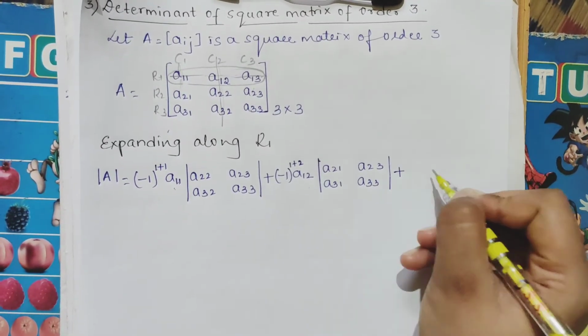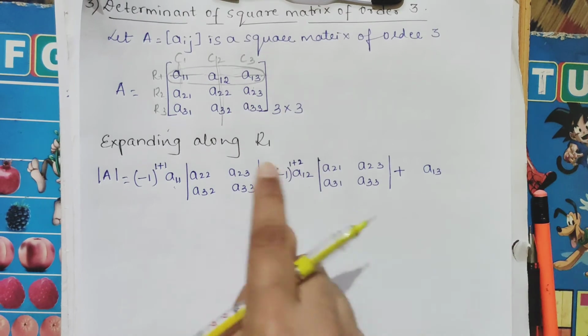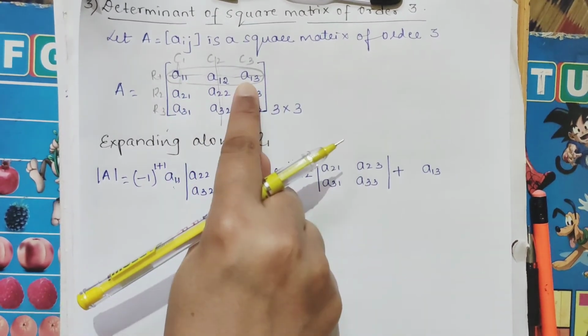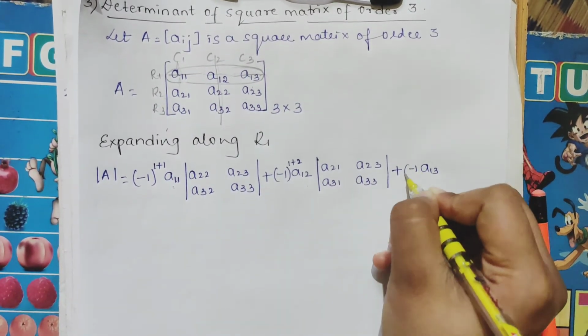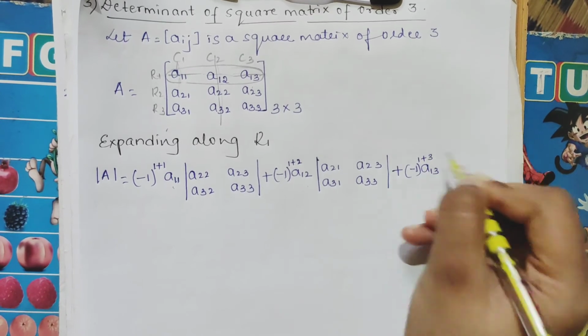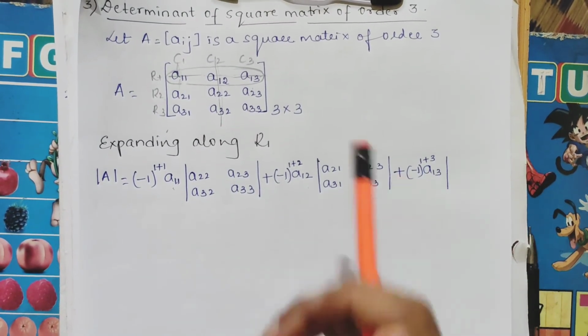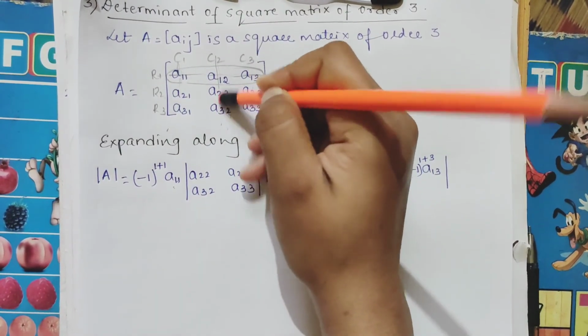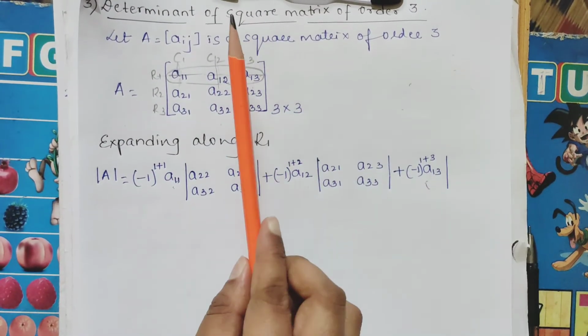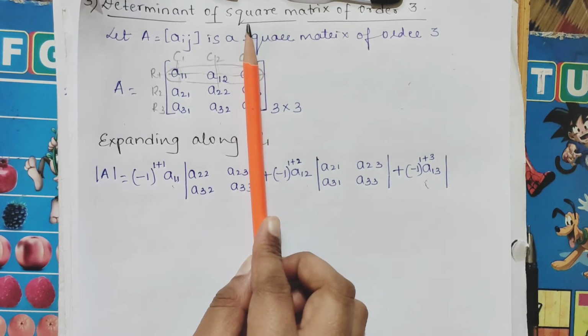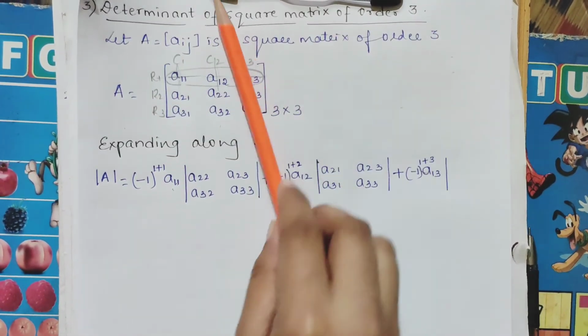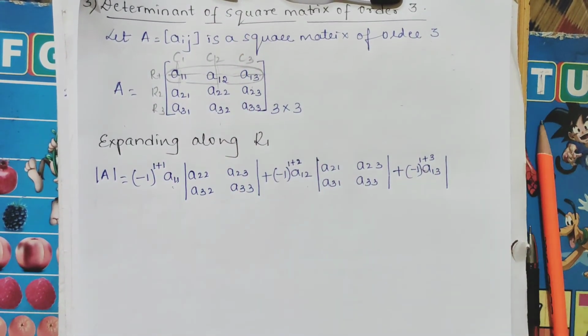Then again plus A13. We are taking along R1 only, right? So make sure only R1 elements are used. Then minus 1 raised to 1 plus 3. In the same way, the first row is gone, so again the third column: row 1 and C3.